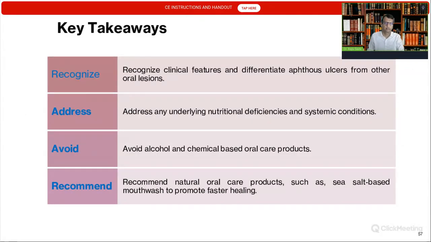The key takeaways are: recognize clinical features and differentiate aphthous ulcers from other oral lesions, address any underlying nutritional deficiency and systemic conditions, avoid alcohol and chemical-based oral care products, and recommend natural oral care products such as sea salt-based mouthwash, which can help in repopulating the oral cavity with the right amount of good bacteria, micronutrients, and enzymes that help in maintaining the integrity of the oral mucosal membrane.